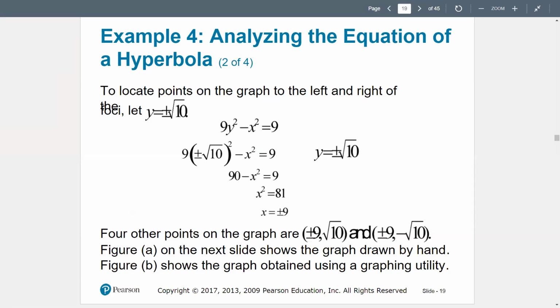Are they going to be above and below? Where are they going to be? They're going to be left and right. You have to pay attention to what direction you're in.